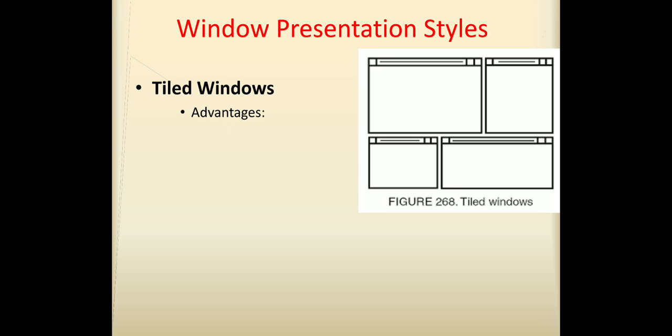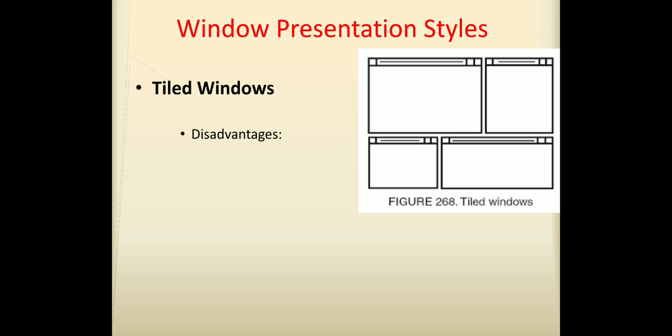And then, as we already know, along with every advantage there are also disadvantages. In the case of tiled windows, only a limited number of windows can be displayed in the screen area that is available to us.